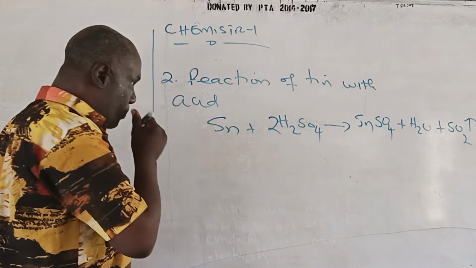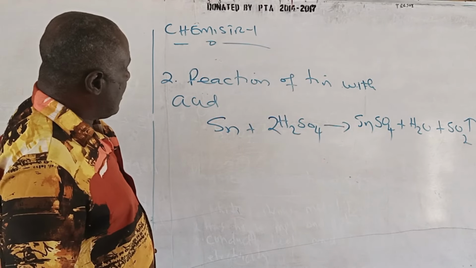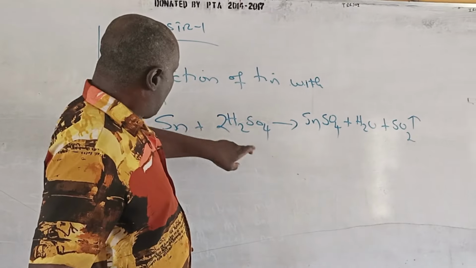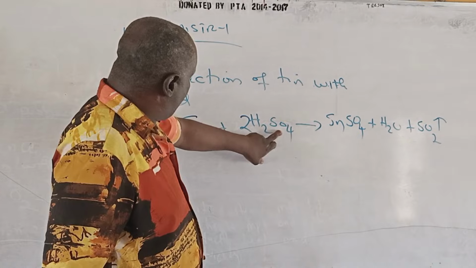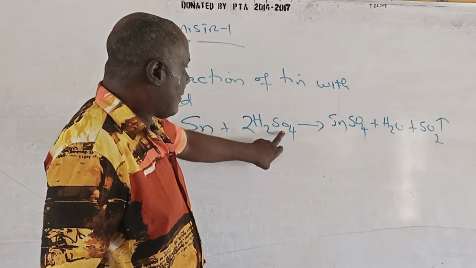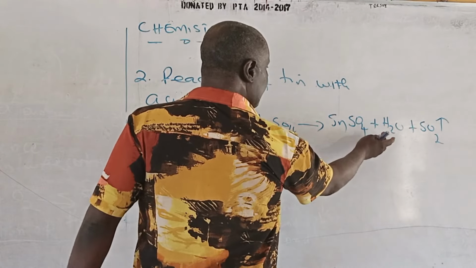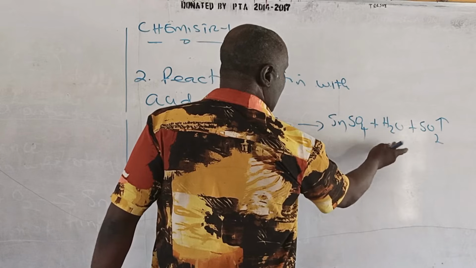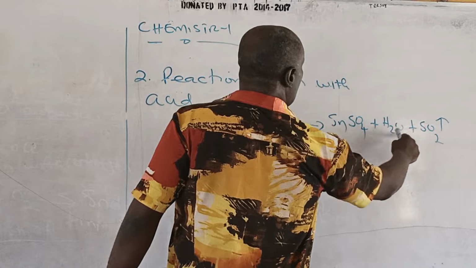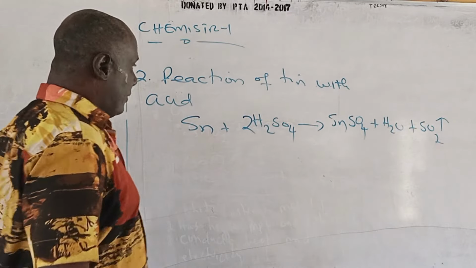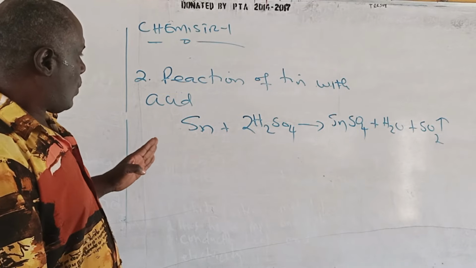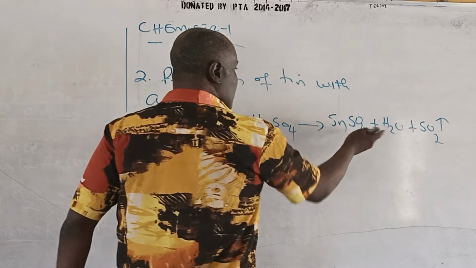But let's look at the number of oxygen atoms. We have 1 atom of tin, then 1 atom of tin. But oxygen has increased to 8 here. How many oxygen atoms are here? We have 4 plus 1, which is 5. So we are supposed to increase the number of oxygen here.